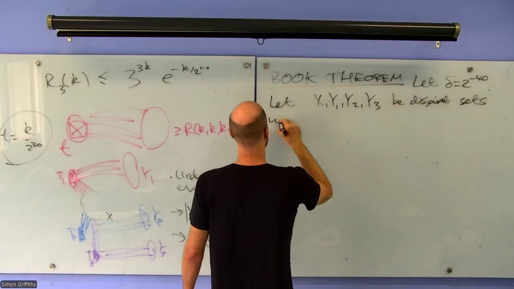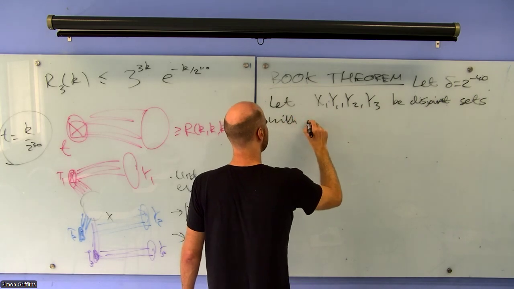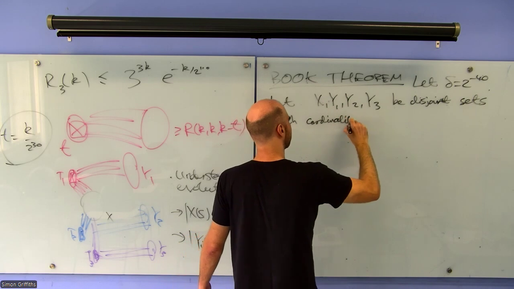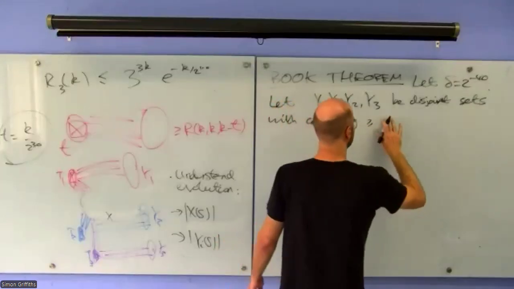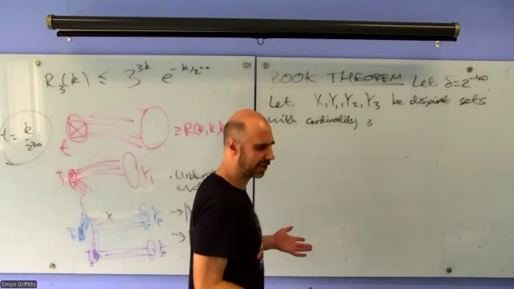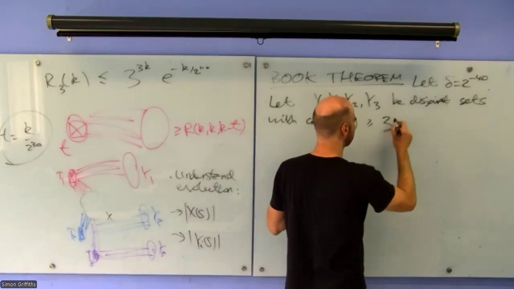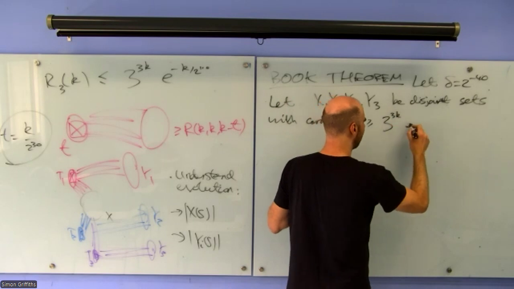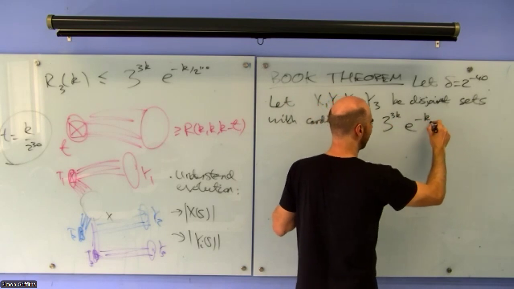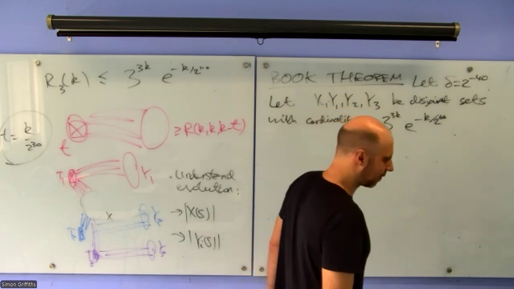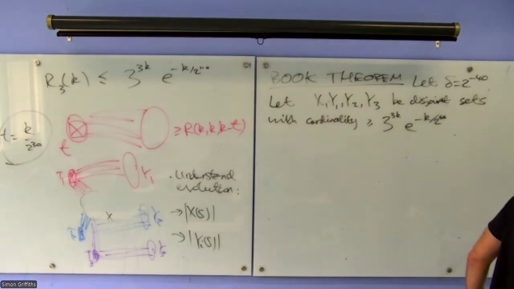Disjoint, each with cardinality at least nearly 3 to the 3k, smaller just by an exponential factor. I think we put k over 2 to the 66. So you need a little bit less than 3 to the 3k.